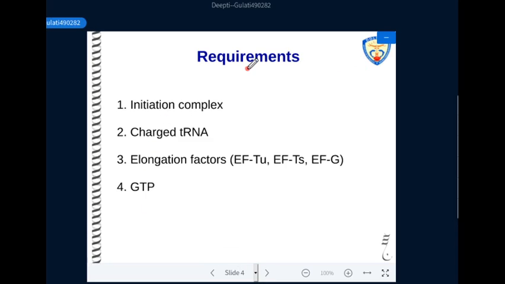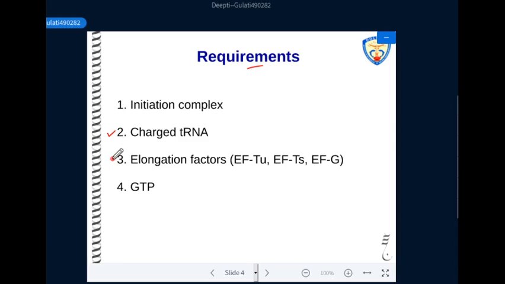What all do we require for the translation elongation step? We require the initiation complex, that is the 70S initiation complex in prokaryotes. We require all the charged transfer RNA, the aminoacyl transfer RNA molecules to which an amino acid has been attached, and they will be brought to the A site.